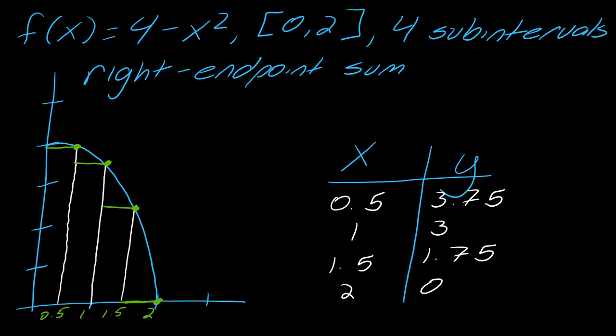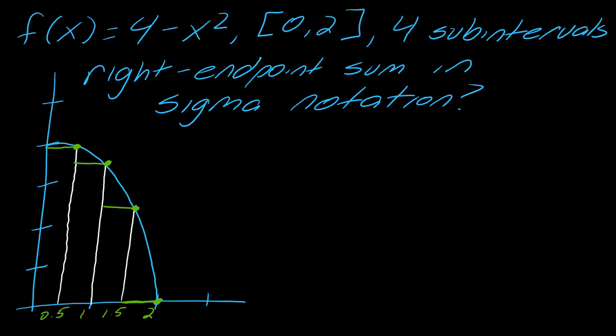And now what I want to do is actually do this right endpoint sum. But here's the thing I want to put in your mind. We're going to do the right endpoint sum, but then eventually we want to represent it in sigma notation. So if we think about how the sum is actually calculated, I'm just taking the area of each one of these rectangles, right? The width of each rectangle is 0.5, and then I multiply that times the height.